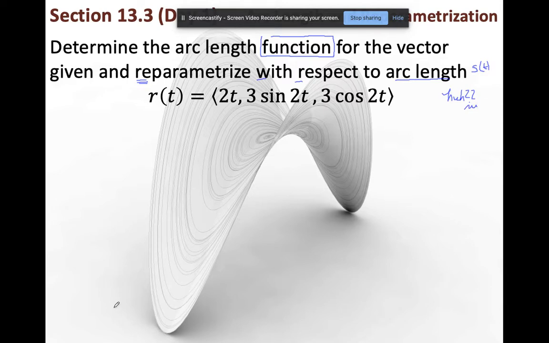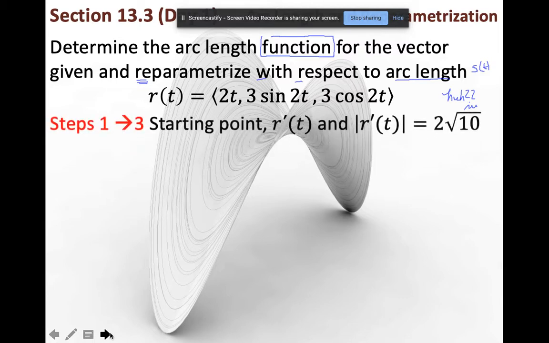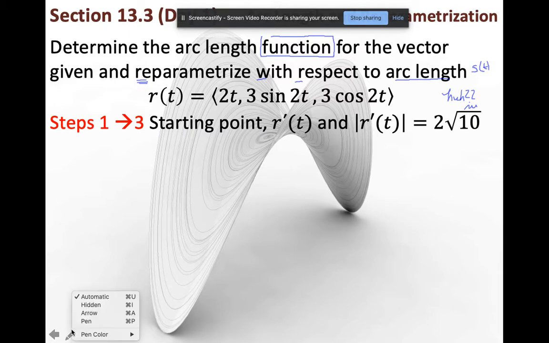All right. Here is our r of t. Firstly, the starting point is t equal to 0, because they told us. I'm going back to the same problem where they said from 0 to 2 pi.